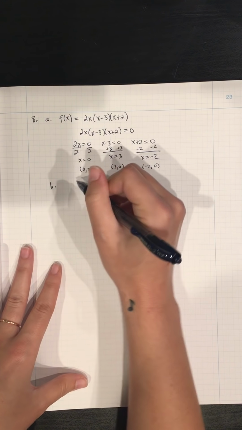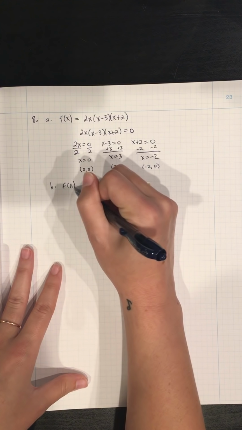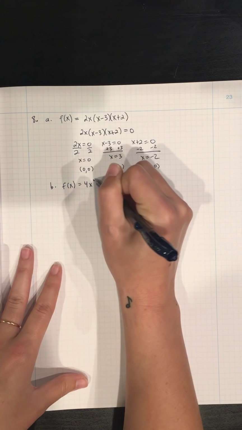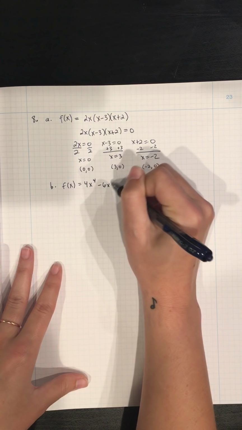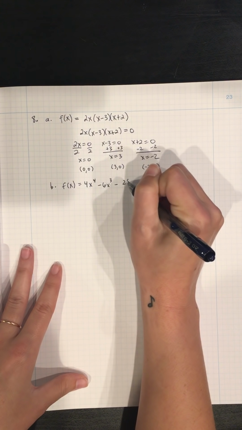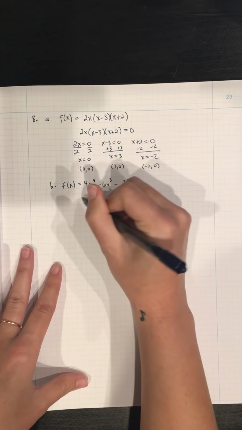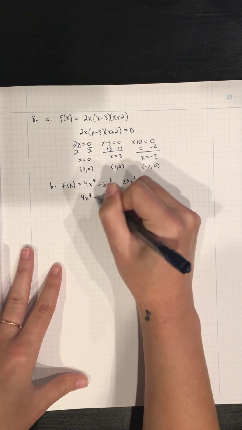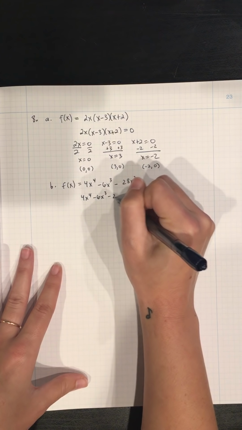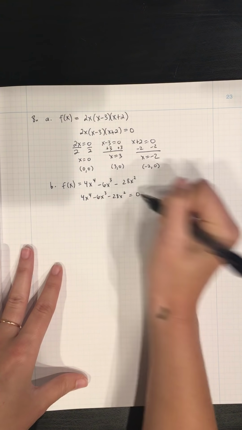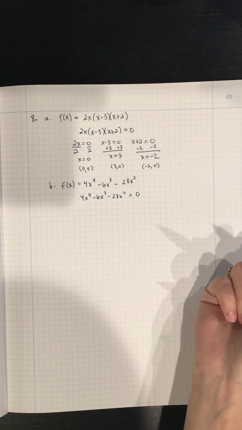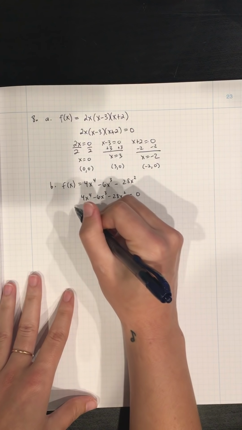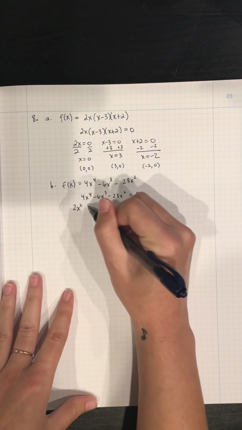Okay, for 8b, I've got f of x equals 4x to the 4th minus 6x cubed minus 28x squared. Once again, I'm going to set that equal to 0. I'm going to factor out a GCF. My GCF appears to be 2x squared.